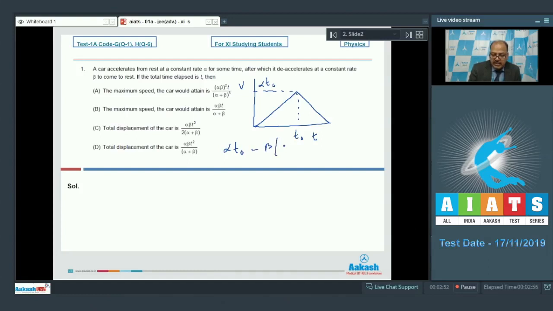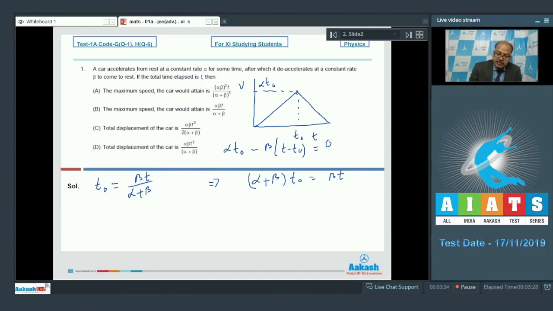Total time is t, so that means t minus t naught is the time it gets to decelerate to rest. And solving, what do we get? We get alpha plus beta t naught is equal to beta t, which means t naught is equal to beta t upon alpha plus beta.